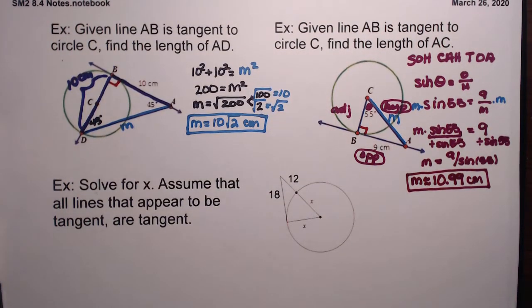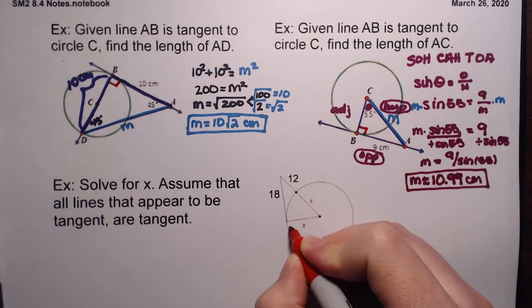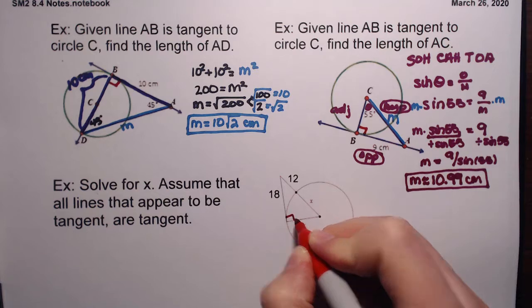Okay, this next one, solve for x, assume that all lines that appear tangent are tangent. So this says that in my triangle, this line appears to be tangent, it is tangent.